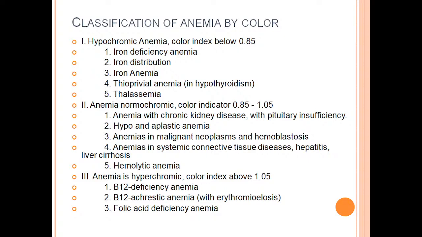What about color classification? Hypochromic anemia, that means a color index below 0.85. It can be iron deficiency anemia, iron distribution anemia, or thalassemia. The second type is normochromic anemia. That means the color indicator is 0.85 to 1.05.